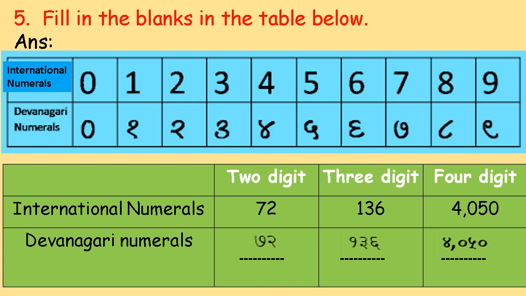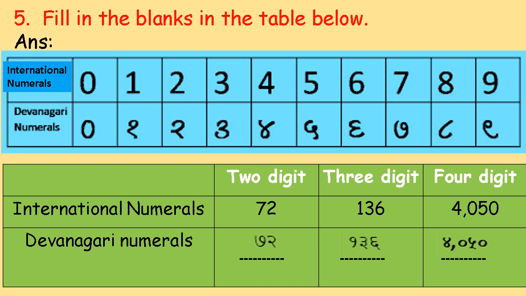Next question. Fill in the blanks in the table below. Here in the table, international numerals from 0 to 9 are given along with the Devanagari numerals. With help of this, you have to complete the given table.